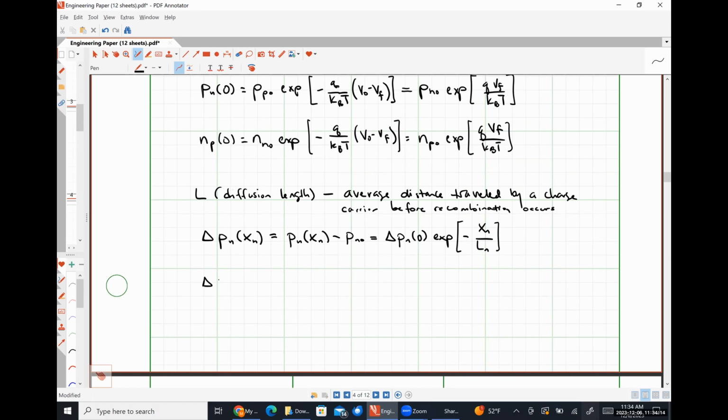So delta n_p at x_p is equal to n_p at x_p minus n_p0, which is delta n_p at 0 times the exponential of negative x_p over L_p.